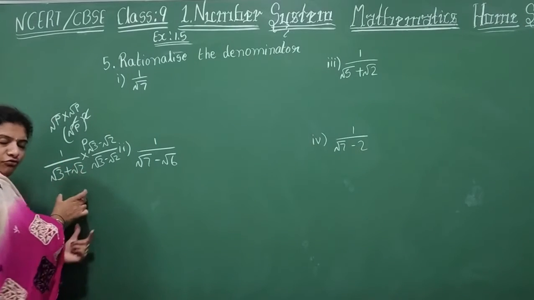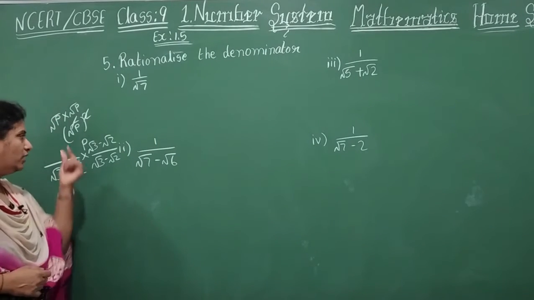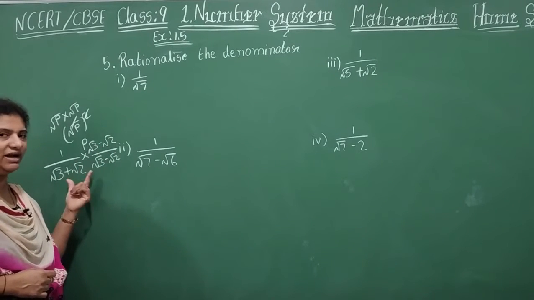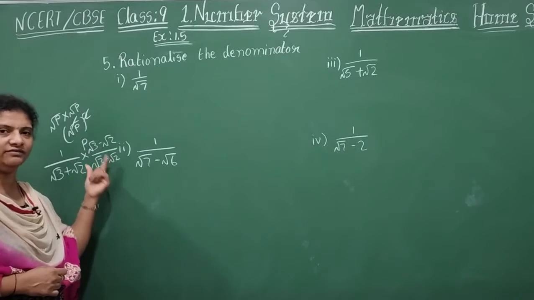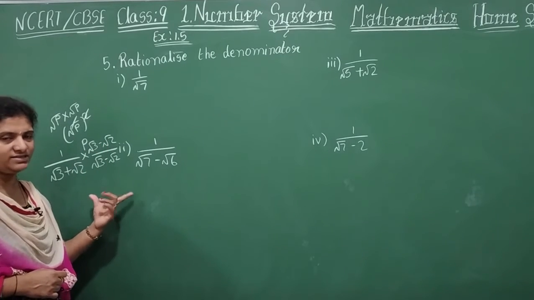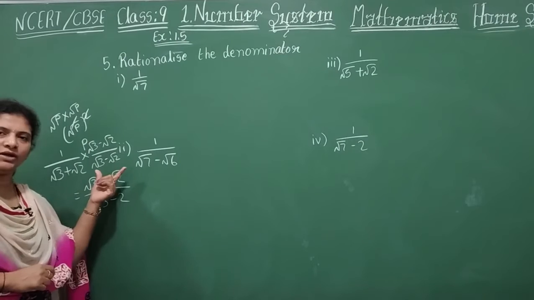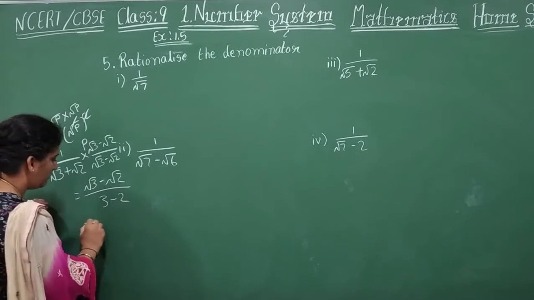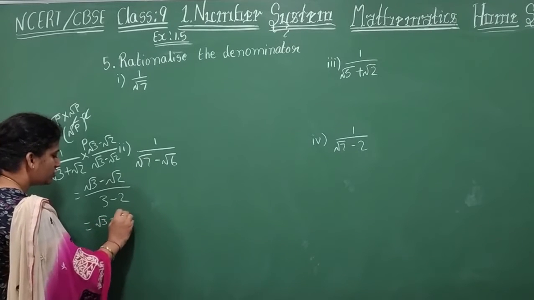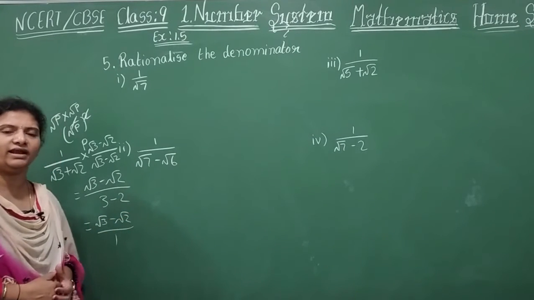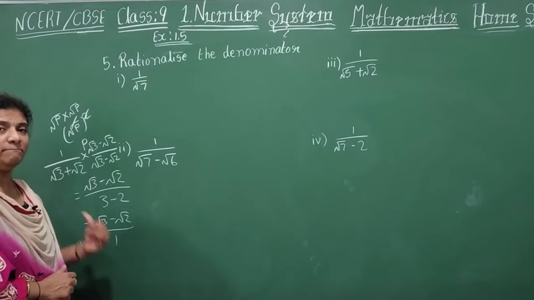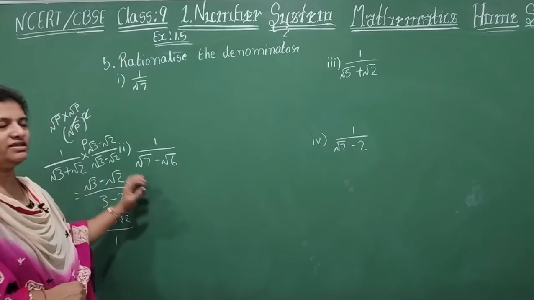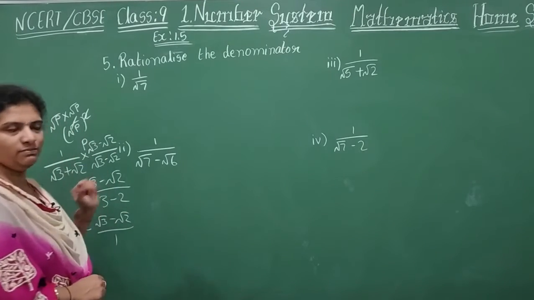So the conjugate of root 3 plus root 2 is root 3 minus root 2. When you are rationalizing, you multiply numerator and denominator by this binomial surd. Root a plus root b into root a minus root b. What happens here, children? a minus b. That is 3 minus 2, which is 1. Root 3 minus root 2 by 1, or simply you can write it as root 3 minus root 2. This makes the denominator rational. Okay, in this method we need to do the questions.